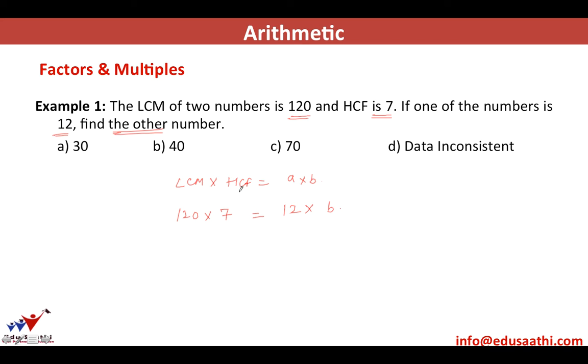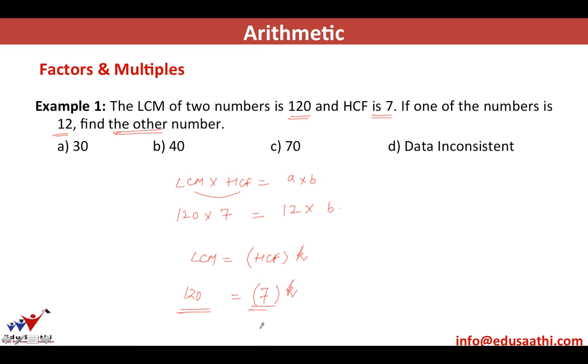what we have just discussed is that LCM is also a multiple of HCF, right? So if HCF is 7, LCM has to be a multiple of HCF. Is 120 a multiple of 7?